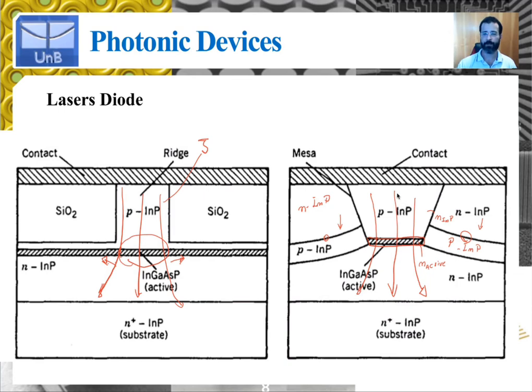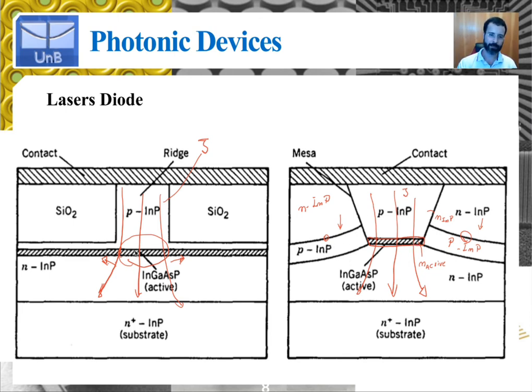As you vary the direct bias current or current density J, the variation in the refractive index here would be insignificant when compared to the difference in refractive index between the active layer and the surrounding medium.